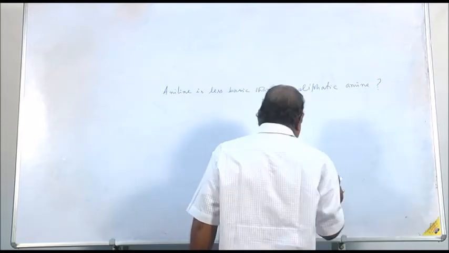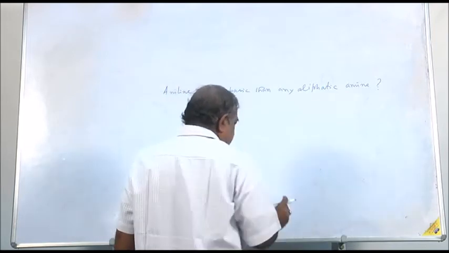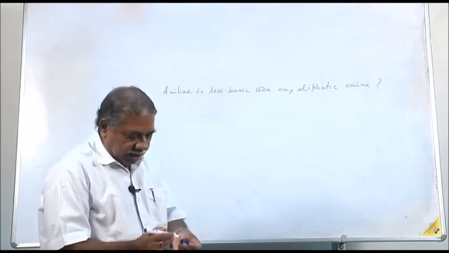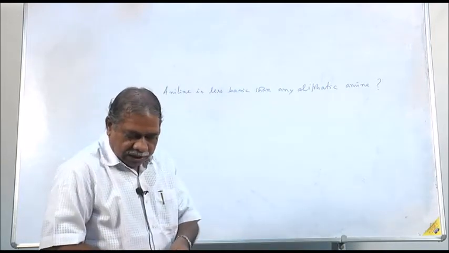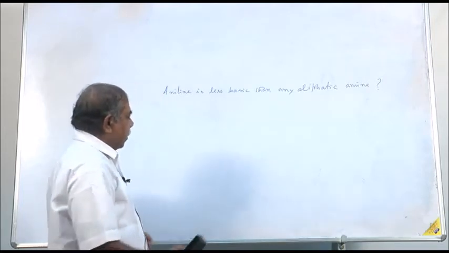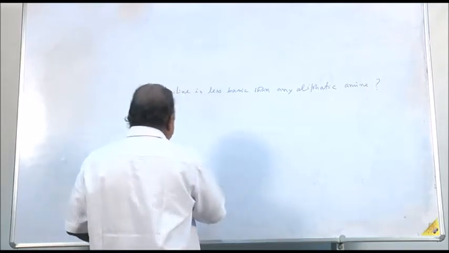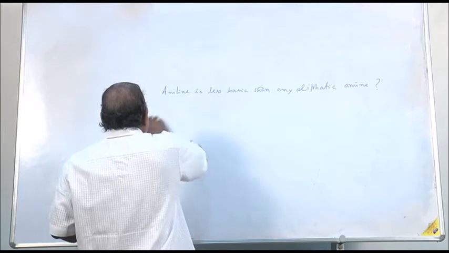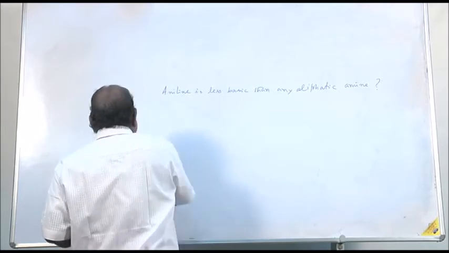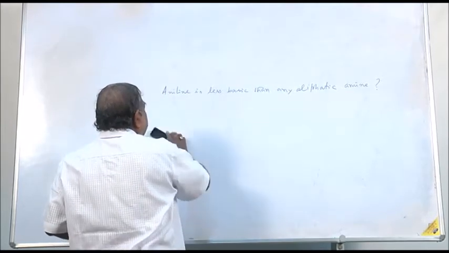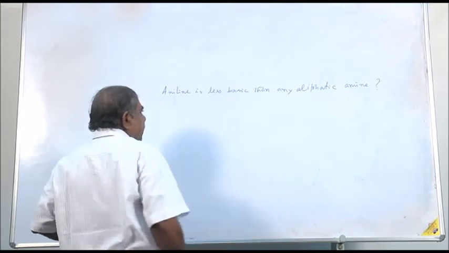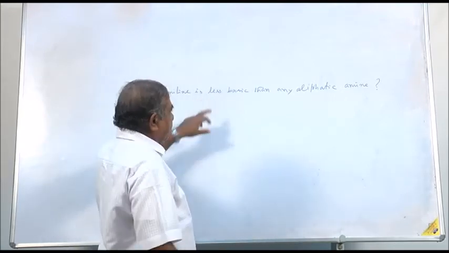Why? Now already I have told you, the more the electron density over the nitrogen atom of the amino group, the more basic the amines are in nature. If it becomes less, it becomes less basic.